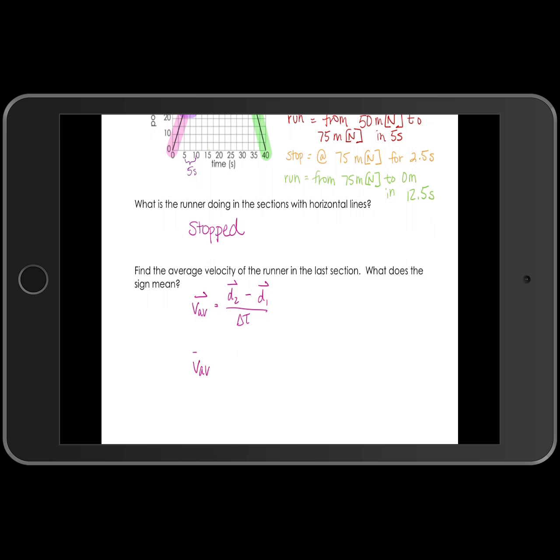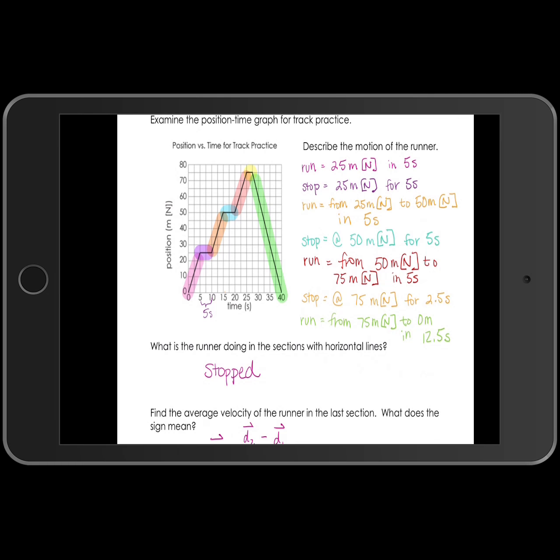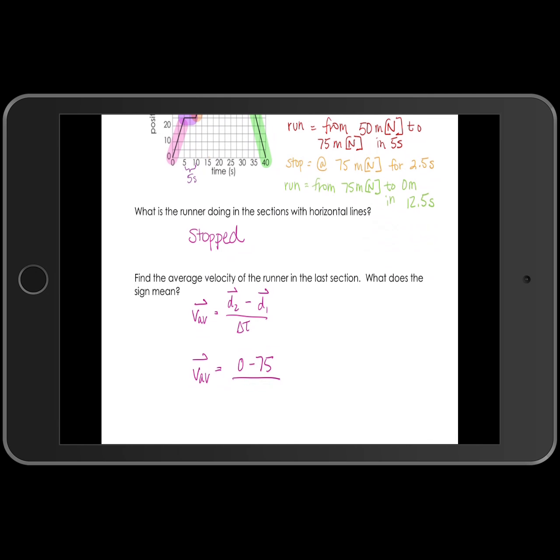So we're going to have 0 minus 75, and then our time interval started at 27.5 and ended at 40 seconds. So 40 seconds minus 27.5, then we should have gotten an average velocity of -6 meters per second north.